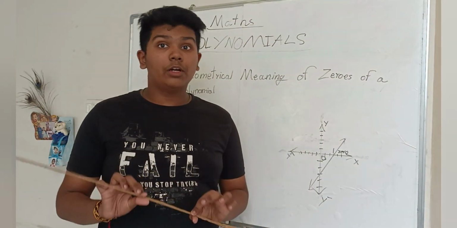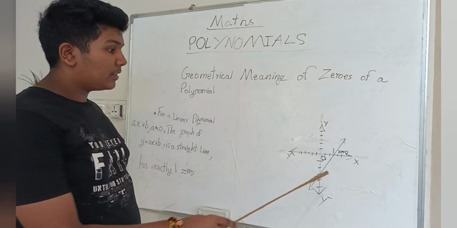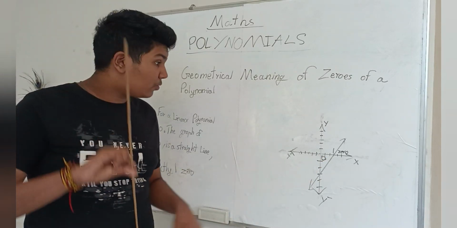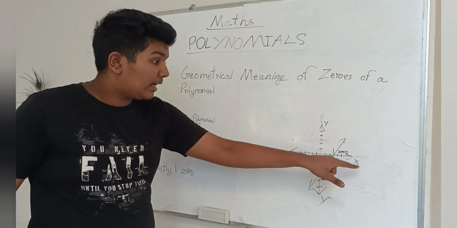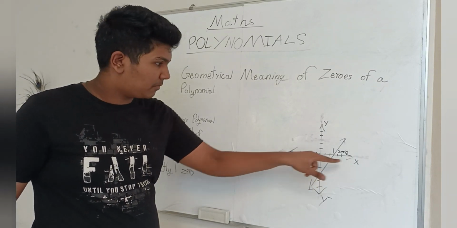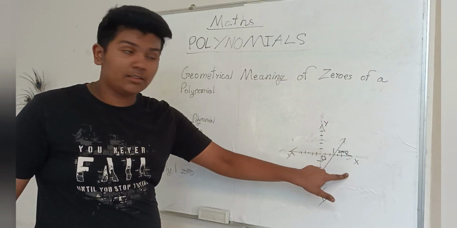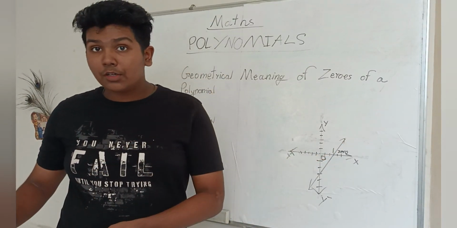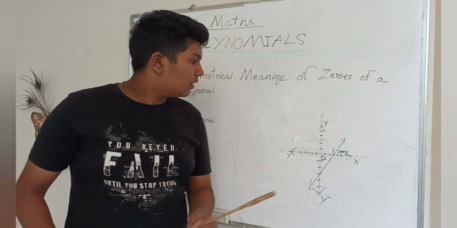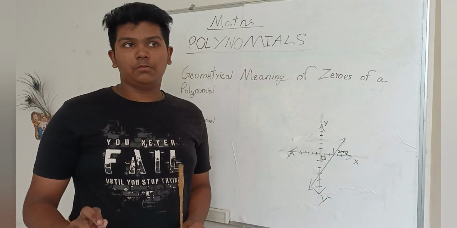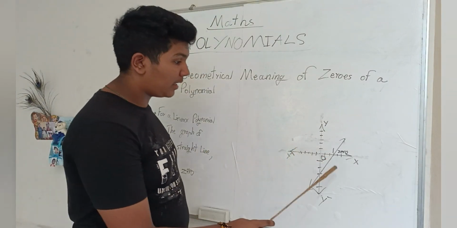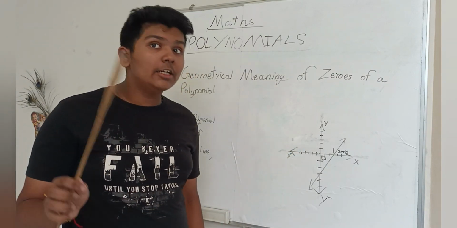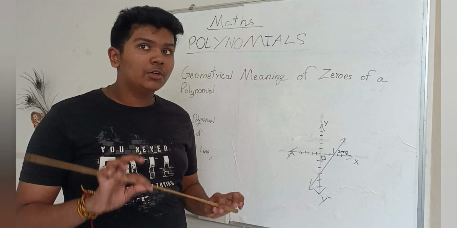How does it have 1 zero? Once the line passes through the x-axis, be it the positive x or negative x, it will form a zero. If it's passing here, 1 zero, here also 1 zero. That is for linear polynomial, that is the degree of 1.